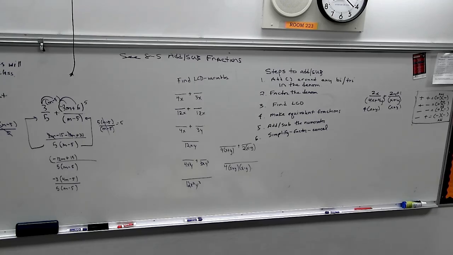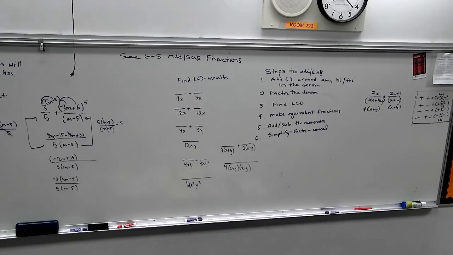Okay? Now I'm going to do the same on the bottom. I'm going to take 5m minus 5 divided by m minus 5. Well, those cancel out. So you're left with 5. So you're going to have to take this times 5.